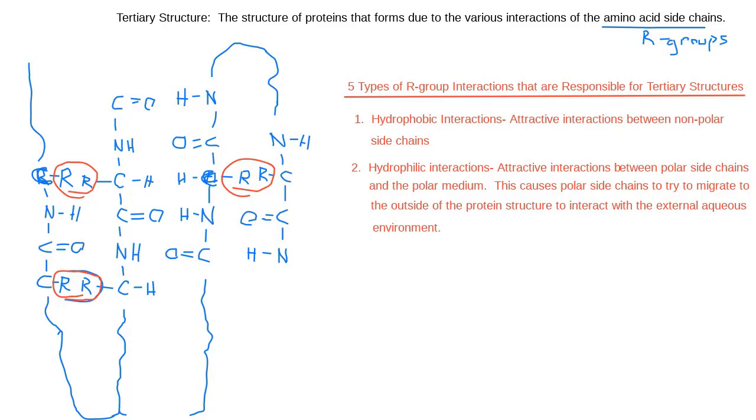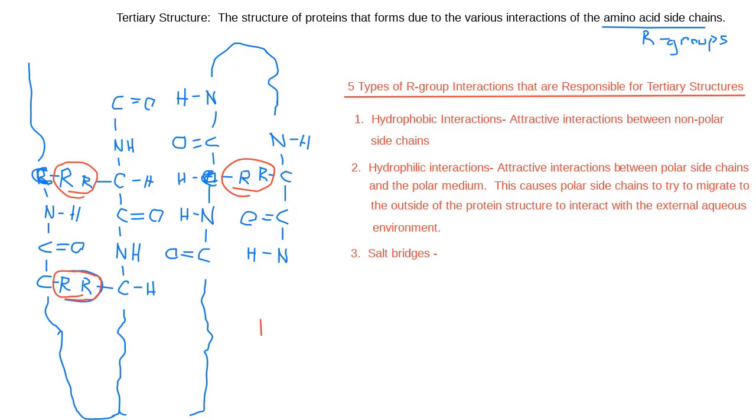So then there's the salt bridges. You'll notice that when I showed you amino acids, some have side chains with carboxylic acid groups, and some of them have amino groups.